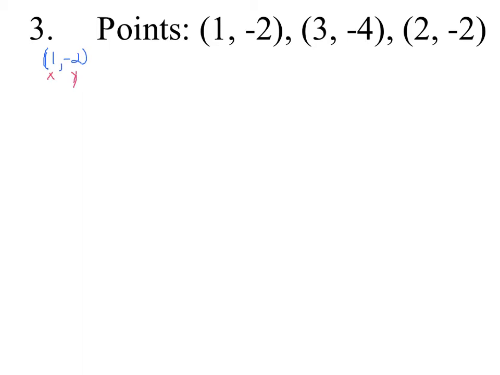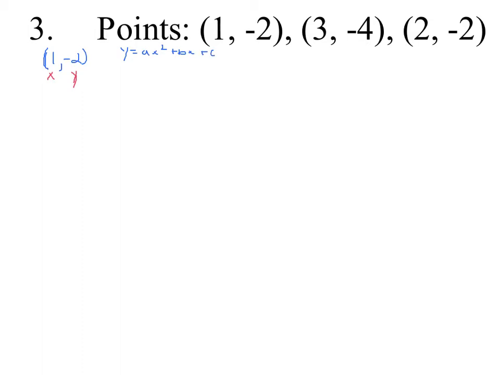So what's going to happen is you're going to have an a, b, and a c that's missing. So my standard form, just to remember what it is, is y equals ax squared plus bx plus c. So take these values and plug them in for x and y.